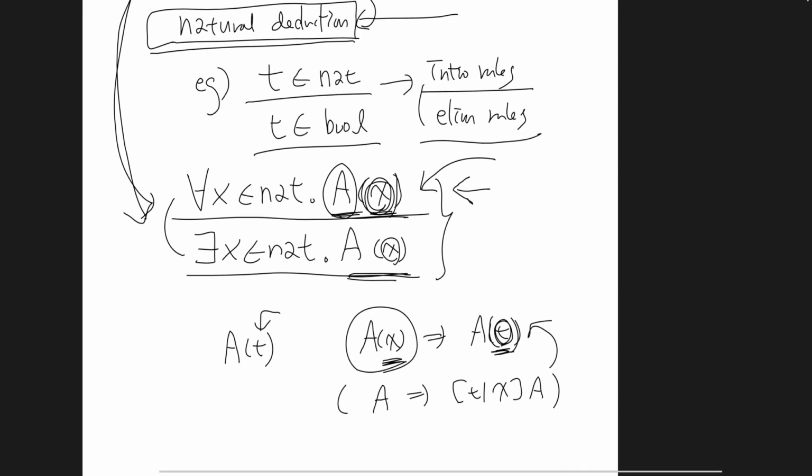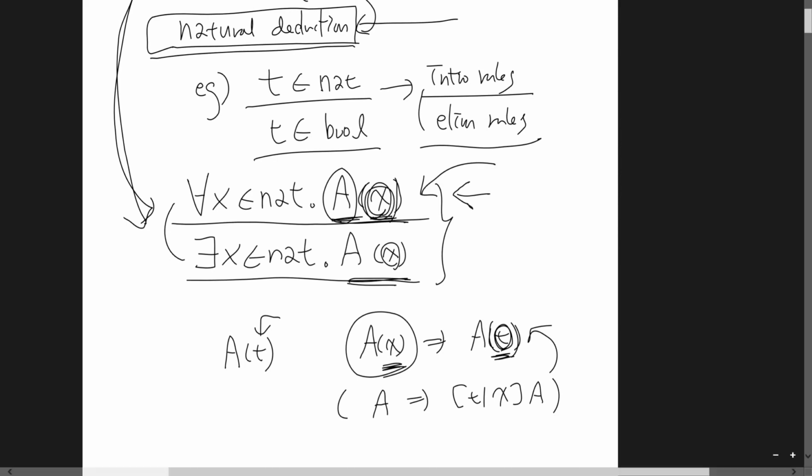So before we proceed to concrete data types, such as nat or bool, let's consider the general data types. General data types that do not depend on particular examples.